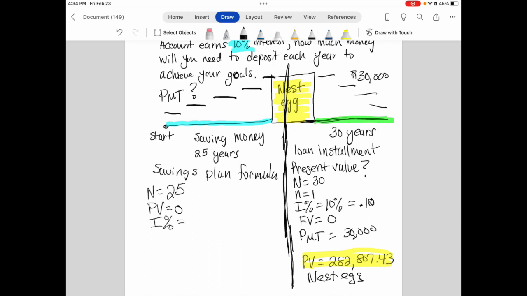Since this is the same account, it's going to be that awesome 10%. Payment is what we're trying to find. And our future value is going to be that nest egg. What payments do I need to make in order to have $282,807.43?